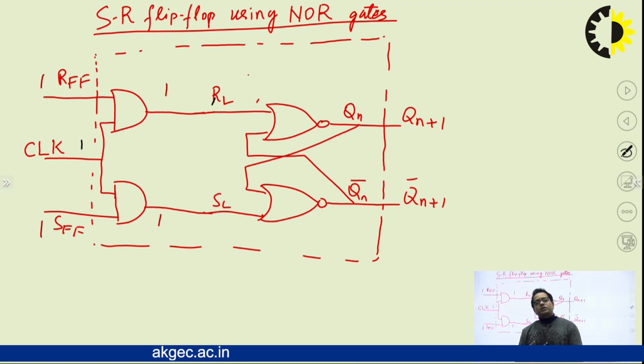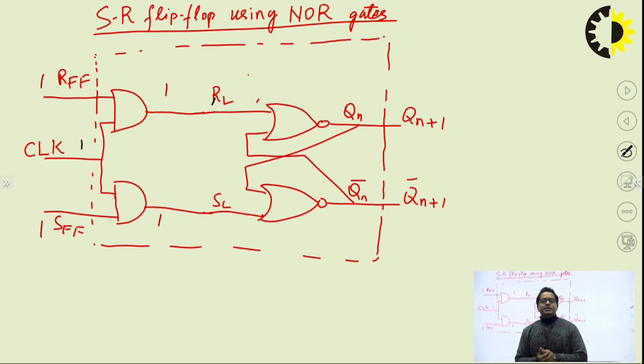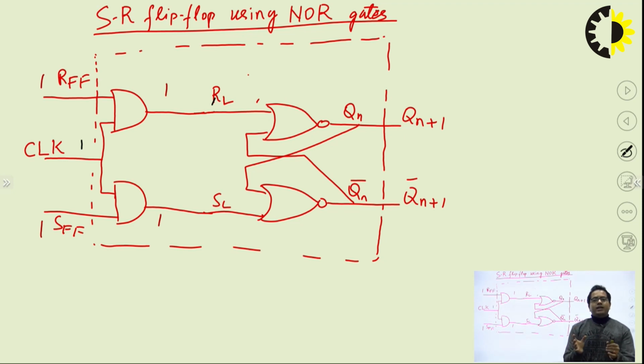When both the inputs are triggered at the same time, how is your latch going to respond? Because at the same time you are telling the latch to set your value and to reset your value. Is it going to be possible? It is totally not possible. It is something like saying that 1 equals 0, which is totally not possible.